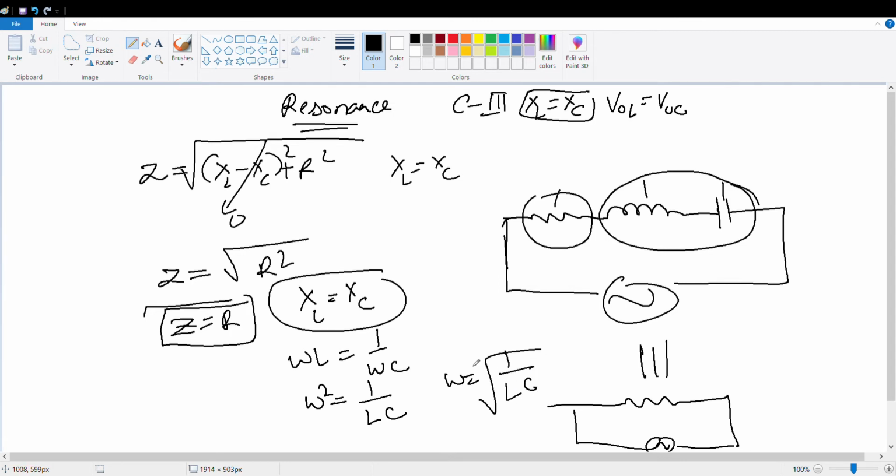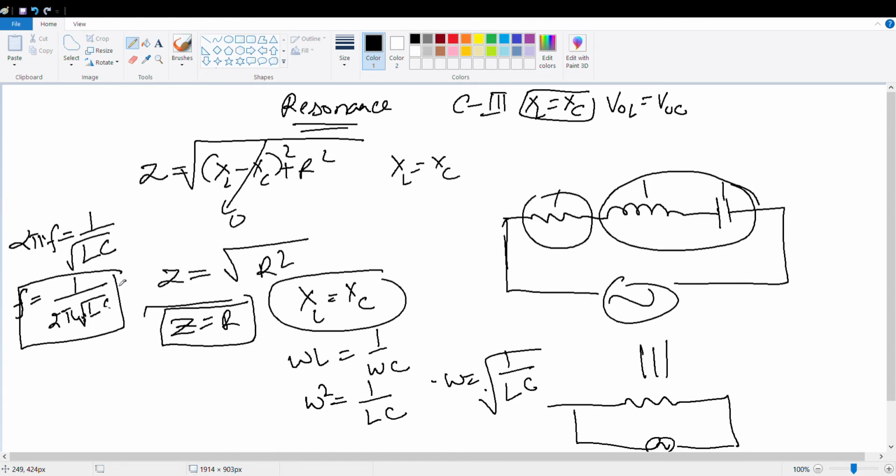So omega is 2 pi F, so 2 pi F equals 1 by root LC. So what will be your F? Your F will be 1 by 2 pi root LC.